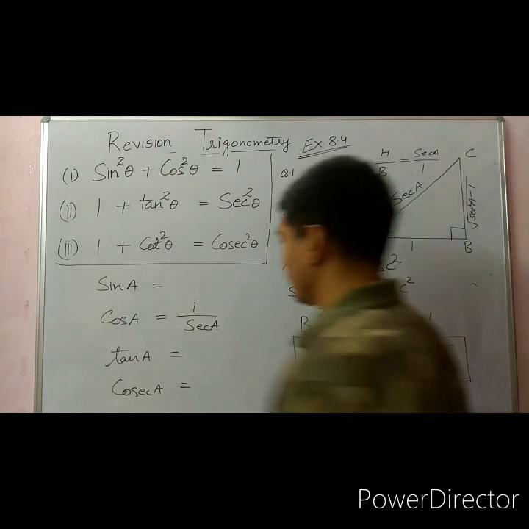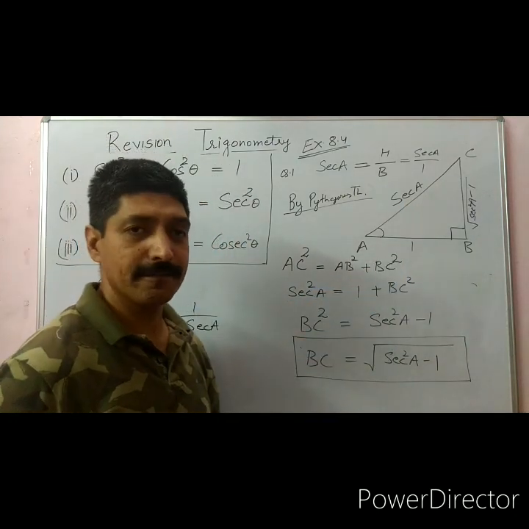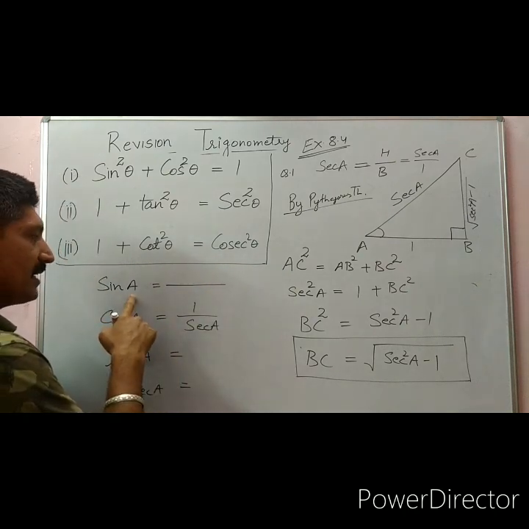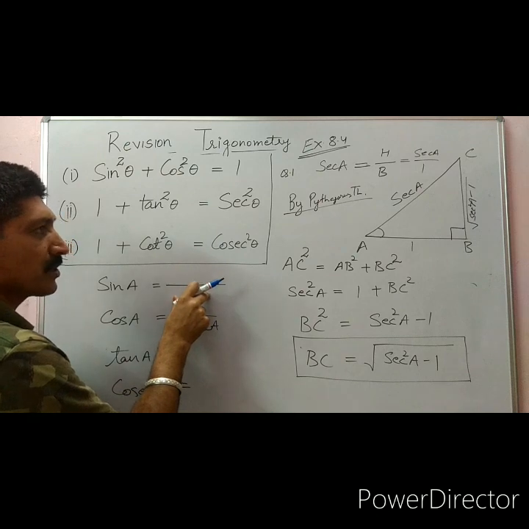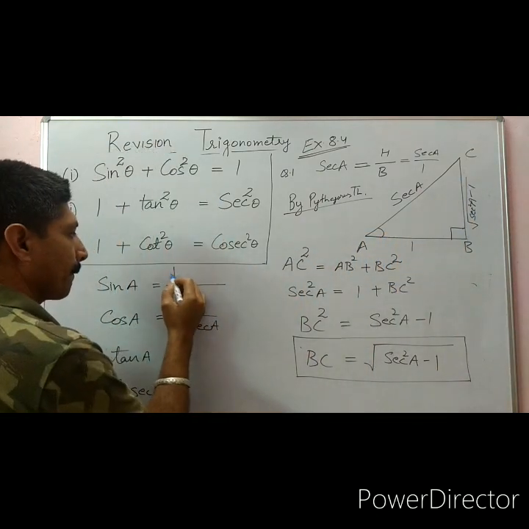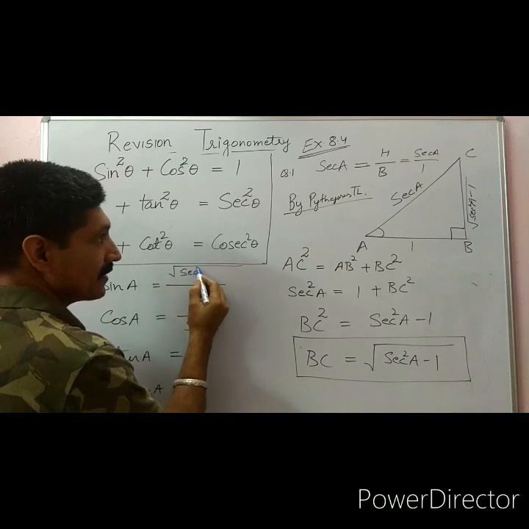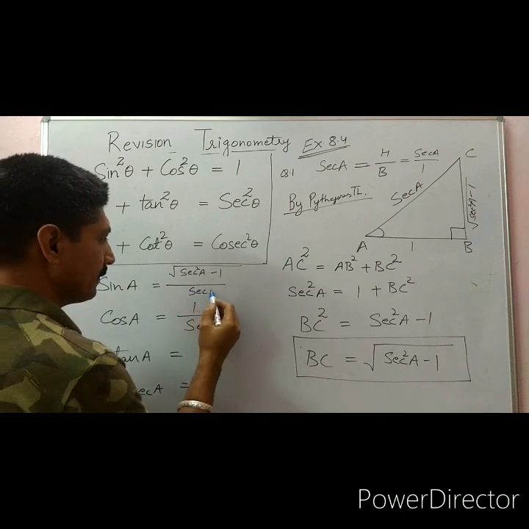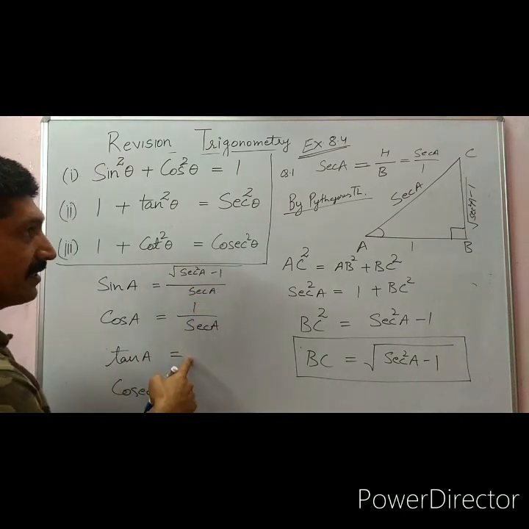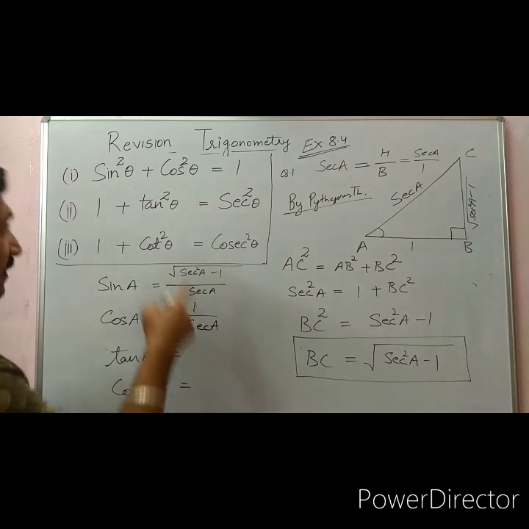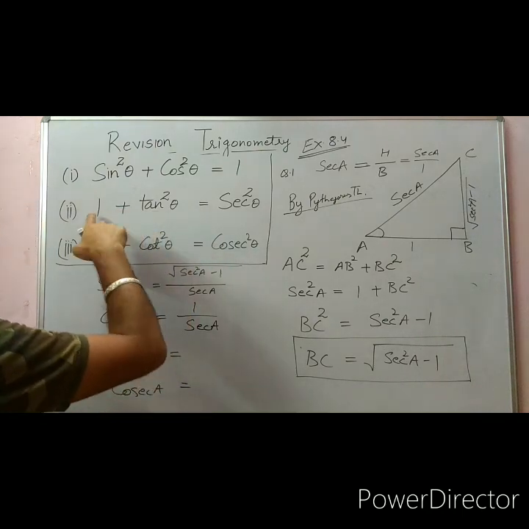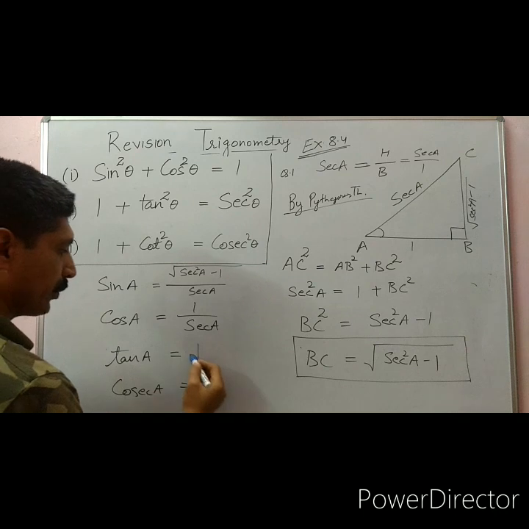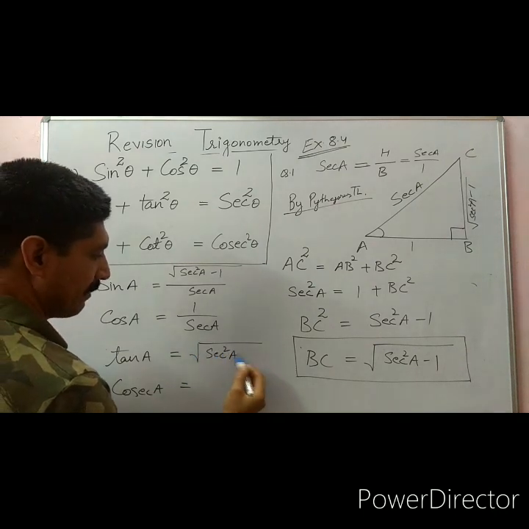Now we have the lengths of these three sides in terms of secant. So here the sine of A is equal to perpendicular upon hypotenuse. So the perpendicular is the square root of secant square of A minus 1, and the hypotenuse is secant of A. Tangent, even from these properties, we have tangent of A is equal to the square root of secant square of A minus 1.